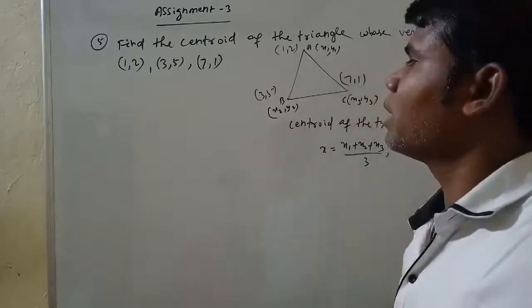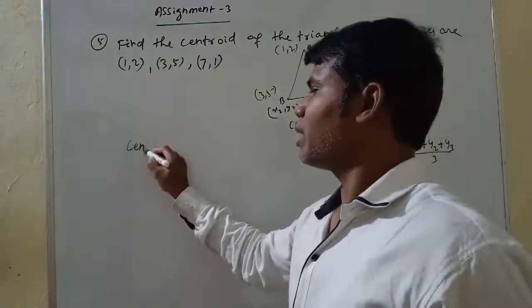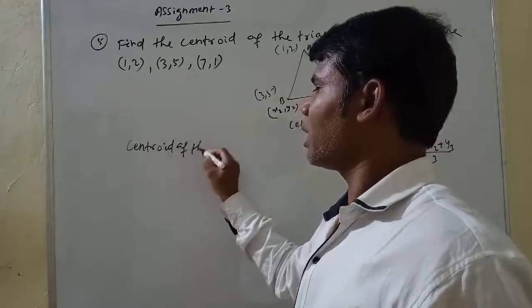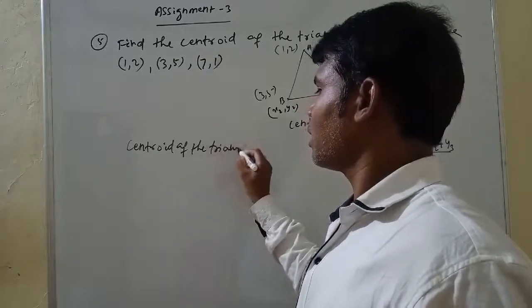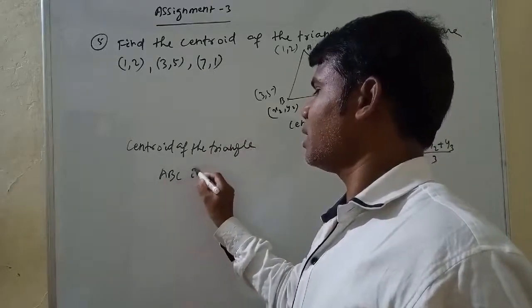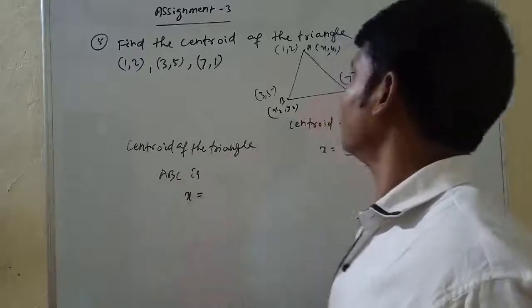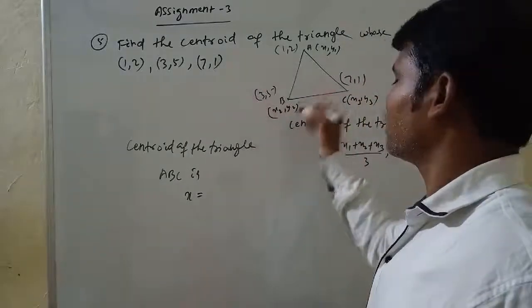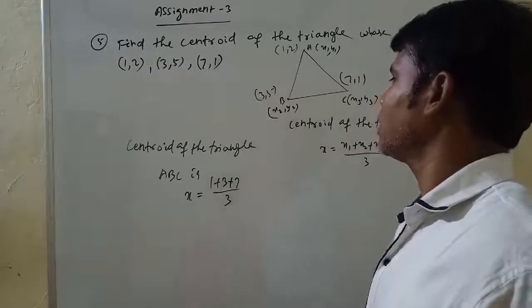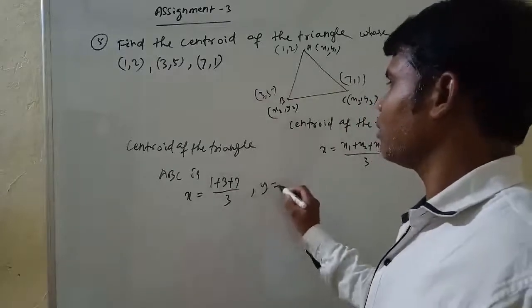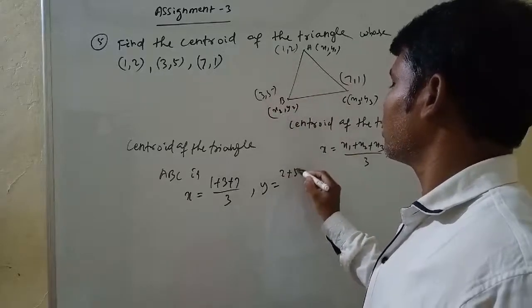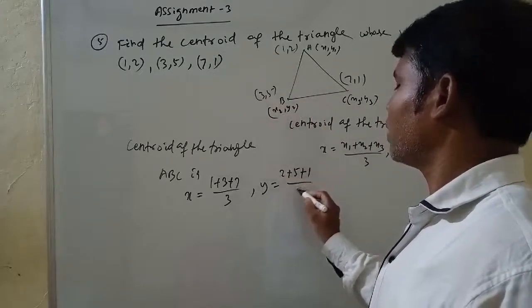Okay, that means the centroid of the triangle ABC is x is equal to 1 plus 3 plus 7 divided by 3. Okay, y is equal to 2 plus 5 plus 1 by 3.